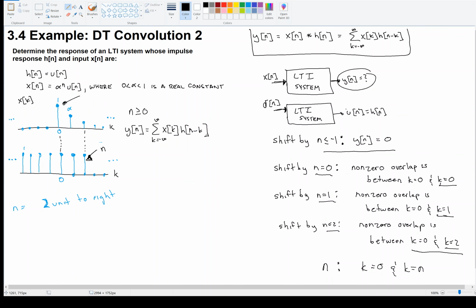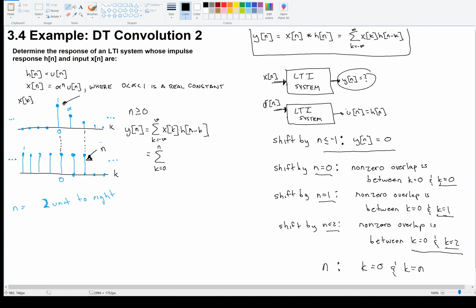We're in the nitty-gritty details now, I love it. Okay, so we're not going to sum from k goes from -infinity to infinity because a lot of those terms are 0. We only need the non-zero overlap. Well, what's the non-zero overlap? Well, it depends on what n is. And for any n in this range, we're going to sum from k equals 0 to k equals n. That's what we just decided.